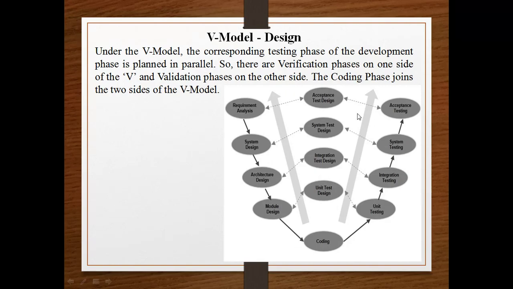There is a parallel phase which is called testing. They are all integrated with each other: requirement analysis related with acceptance testing, then system testing, architectural testing, integration testing, module testing, unit testing. If you see the diagram, this is called the V model. The verification phase is on one side and validation is on the other side. Both these phases are joined through the coding phase.